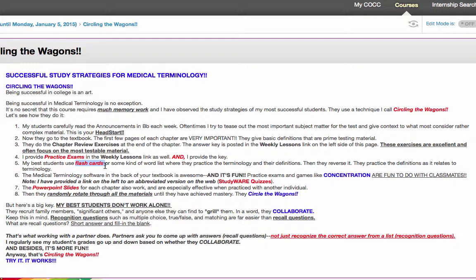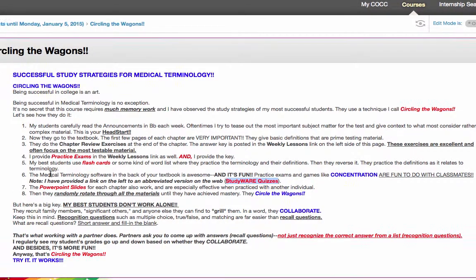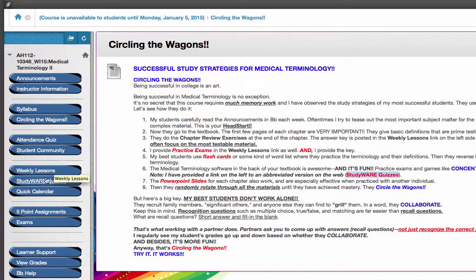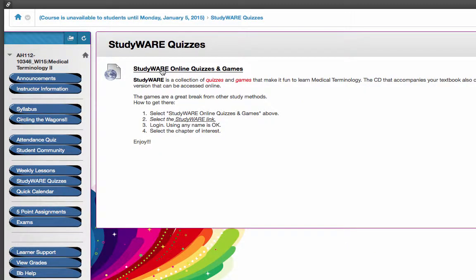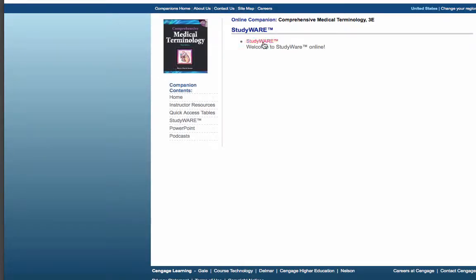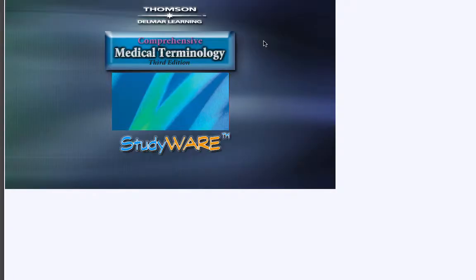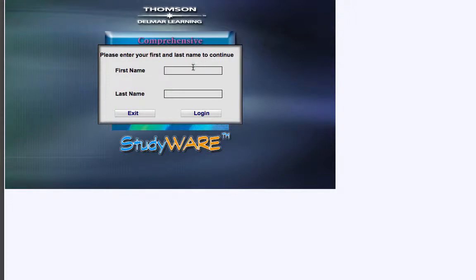But there's another strategy that I like to use, and that's called the StudyWare quizzes. Now, there are these great quizzes on the CD that accompany the textbook. The online version is right here, and if you select that and click through this, it will take you to some chapter quizzes and games.